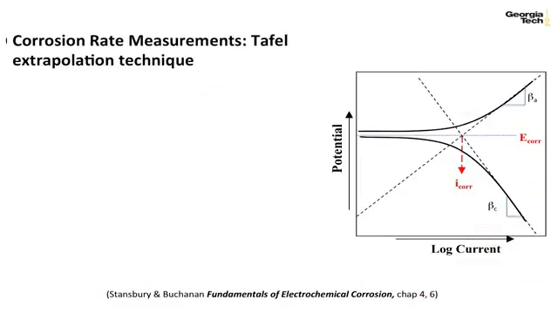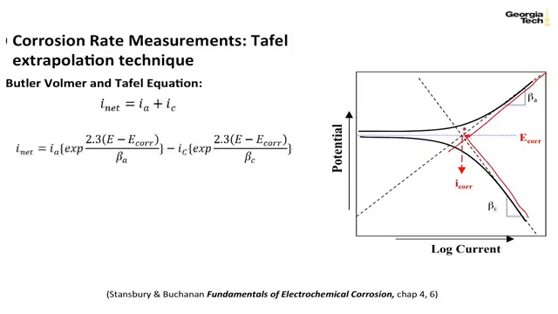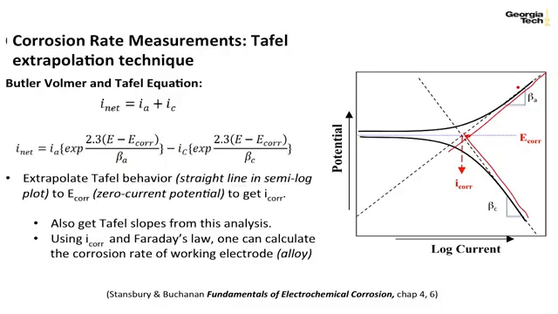That linear region can be extrapolated back. If you extrapolate the linear regions from the cathodic and anodic Tafel slopes, where they intersect is your I corr, and then I corr can be related to corrosion rate. That linear behavior can be described by relating potential to the net applied current using the Butler-Volmer or Tafel type of equation.